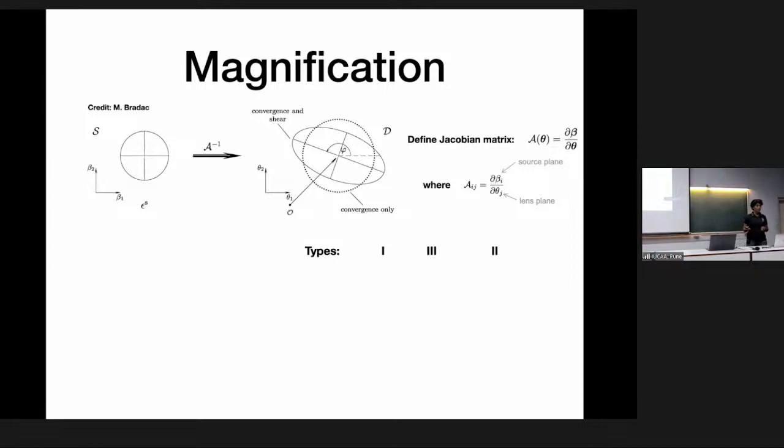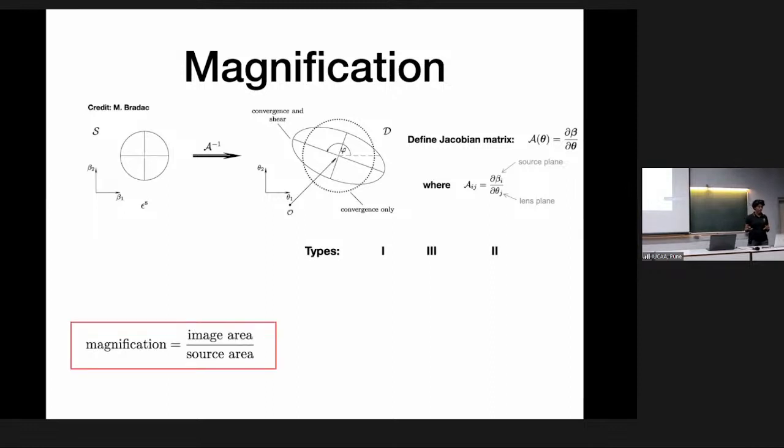If you look at this Jacobian matrix, the magnification is given by the image area over the source area. If you look at the eigenvectors of this Jacobian matrix and the eigenvalues, the eigenvalues can have either a positive value or a negative value.